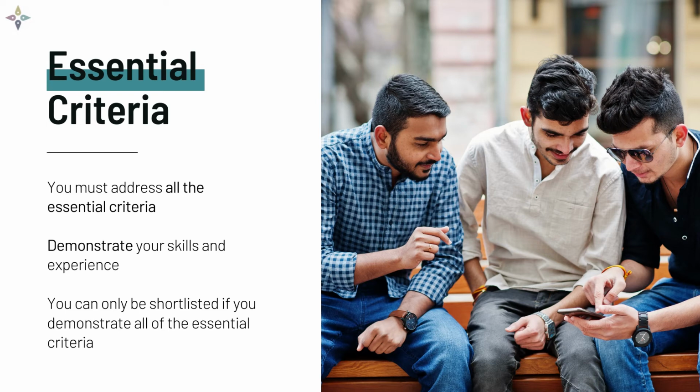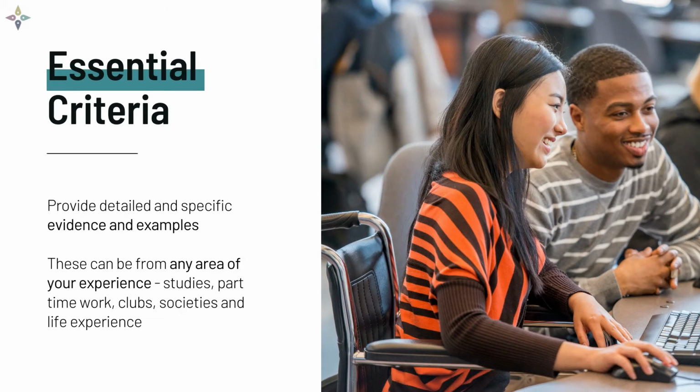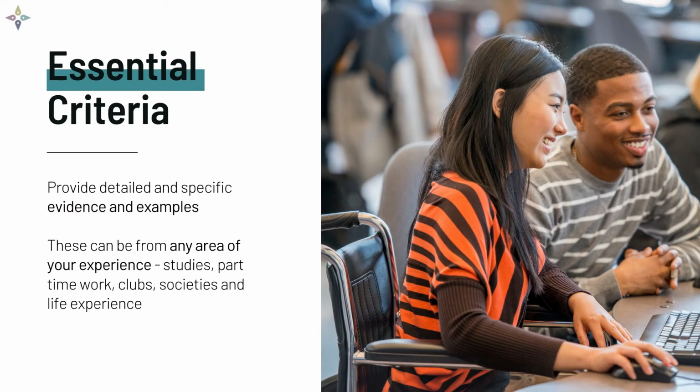In the application form, we'll ask you to demonstrate your experience that directly corresponds to each of the essential criteria. It is vitally important that you fill in each of these sections. You can only be shortlisted if you demonstrate all of the essential criteria. To satisfy each criterion, you must provide detailed and specific evidence and examples from your experience.